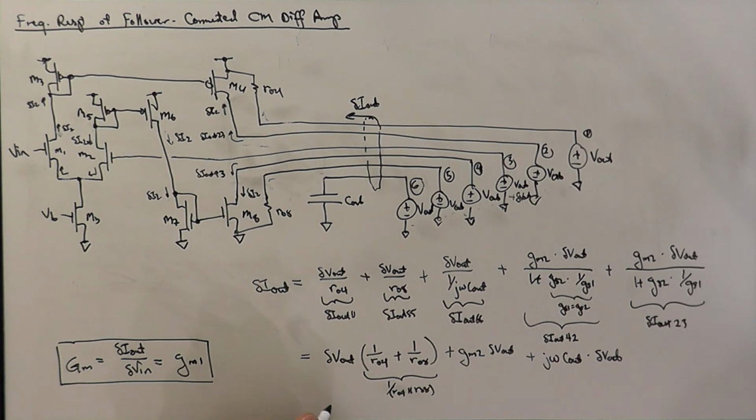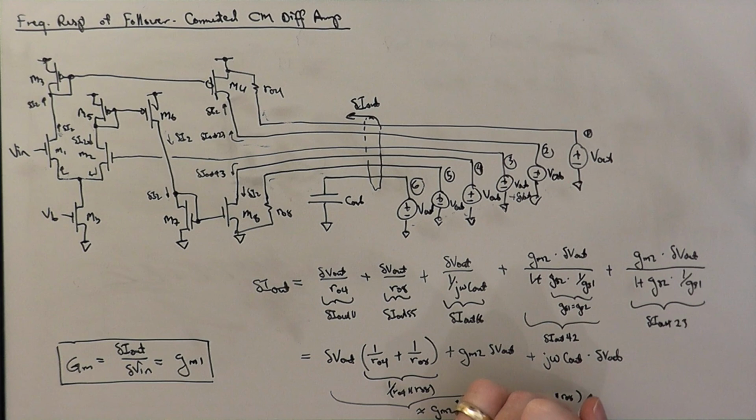So these first two terms here are approximately just GM2 times delta V out if GM2 times RO2 parallel RO8, sorry, RO4, is much greater than 1.